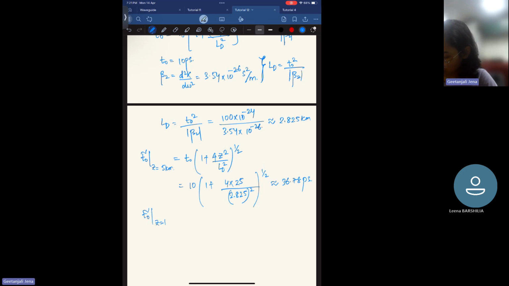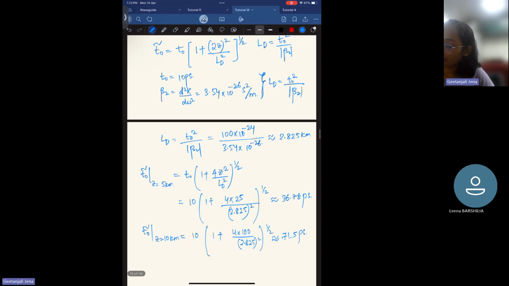For 10 kilometer, this will be 1 plus 100 over 2.825 squared, so this will be 71.5 picosecond.